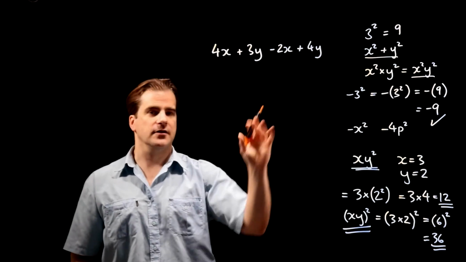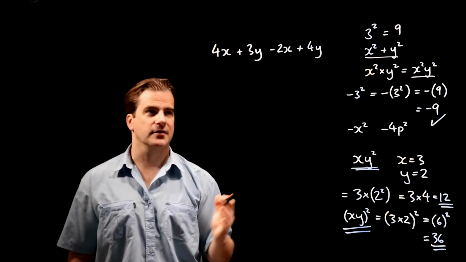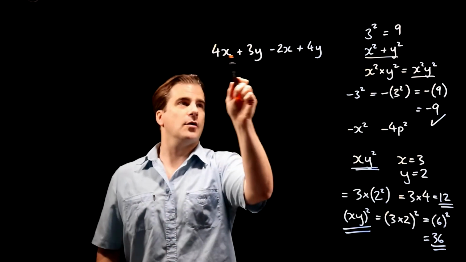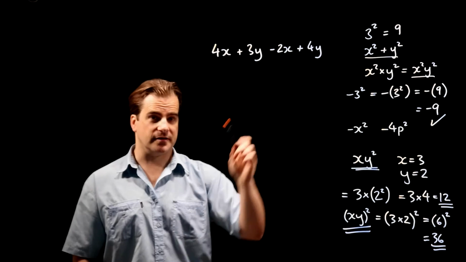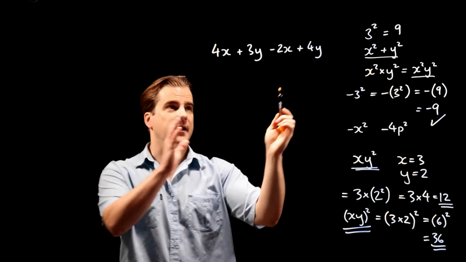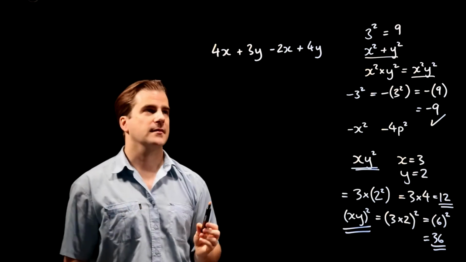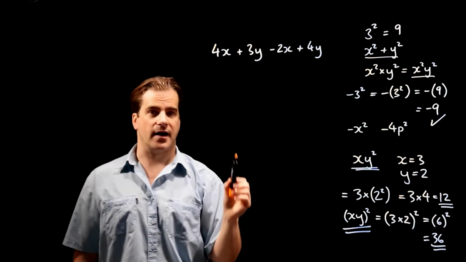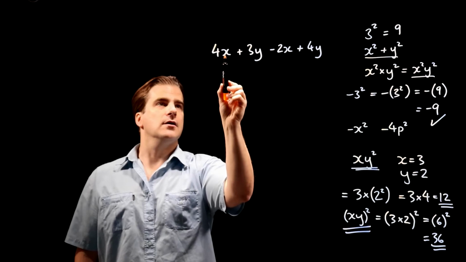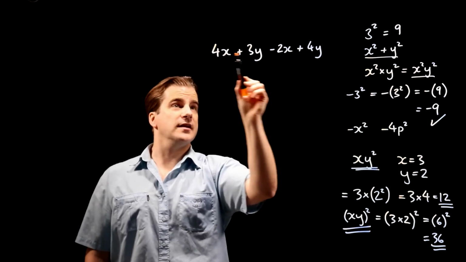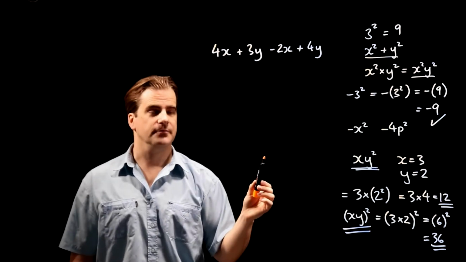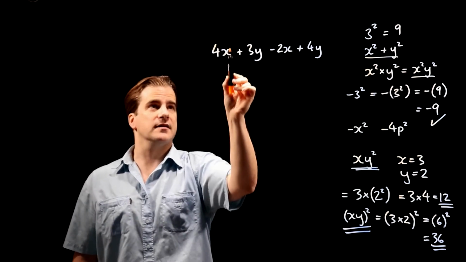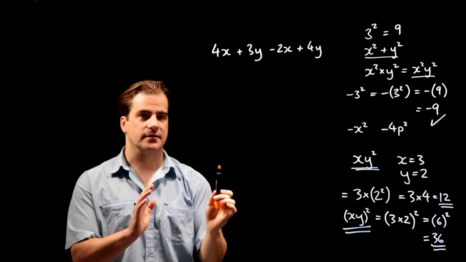You might be asked to combine like terms. What that means is you've got to simplify it and combine the terms, using all your algebra skills, to make it smaller and simpler. So, let's look at this first term, 4x. The only other terms that you can combine that one with are other terms that have just an x.